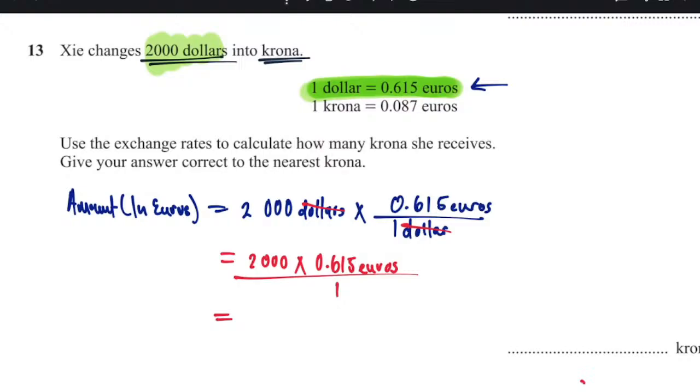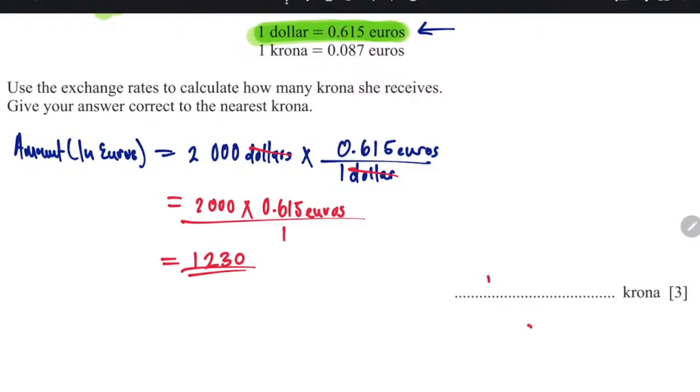What is 2,000 times 0.615? 1,230. Is there any sense? No, we are not done.